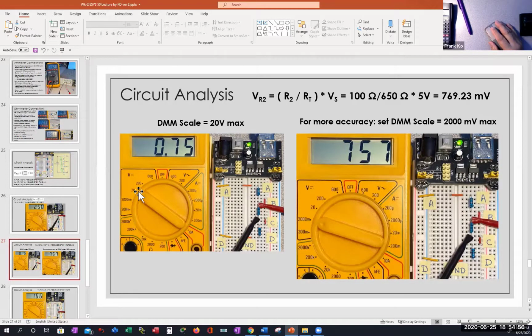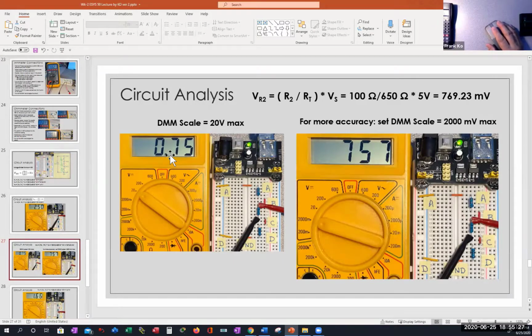And on this multimeter, if I set this to the 20 volt maximum scale, I'm getting a 0.75. 0.75 is not going to cut it for me. If you're using an auto scale digital multimeter and it doesn't show you anything other than a decimal, then you'll have to interpret that using your calculator into proper engineering notation. You're not going to write down 0.75.